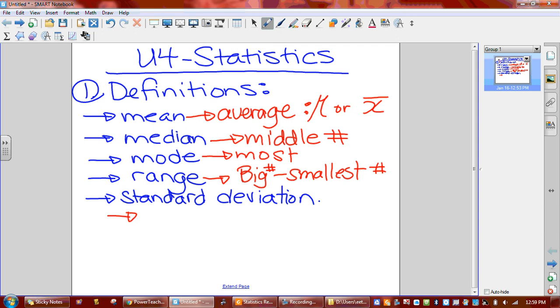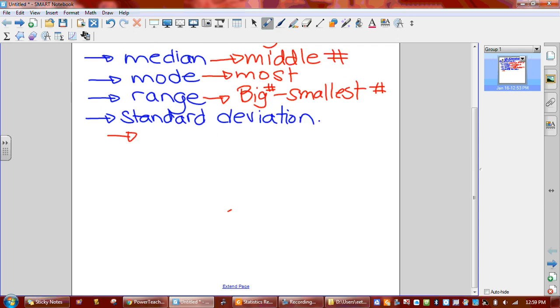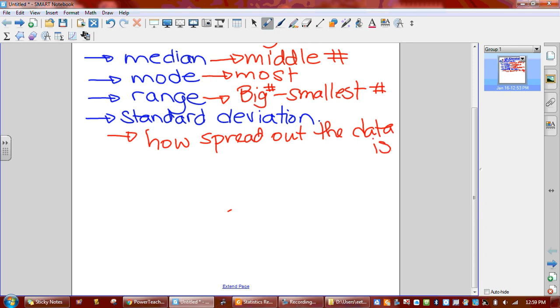Okay, so this one is how spread out the data is. Okay, that's what it's talking about. So it's talking about the increments. So what is something counting by or going up by? Is it counting by 5s, by 10s, by 30s?